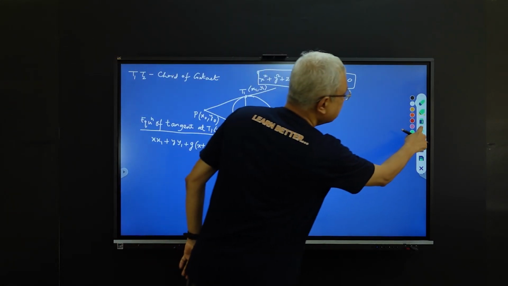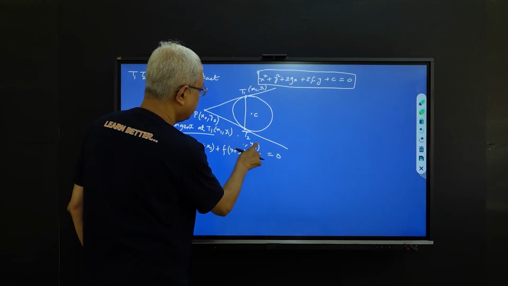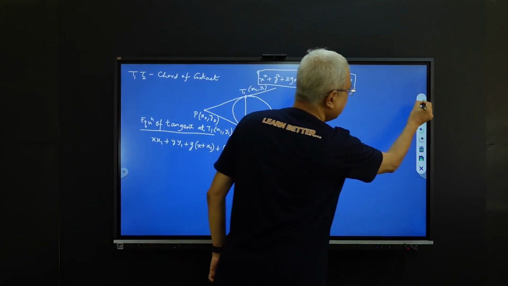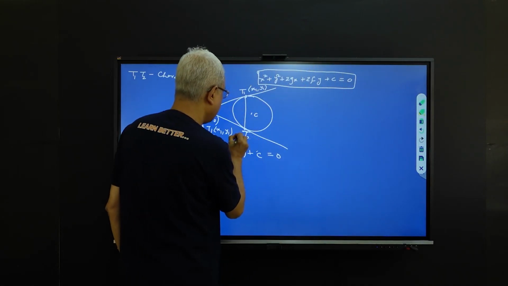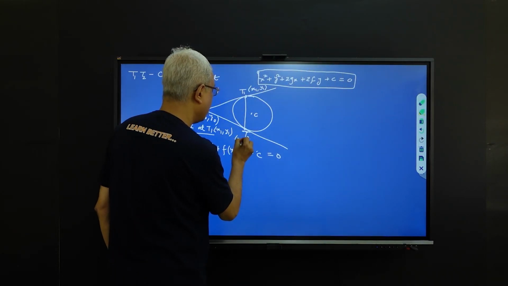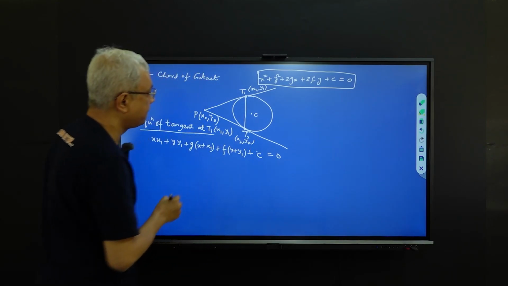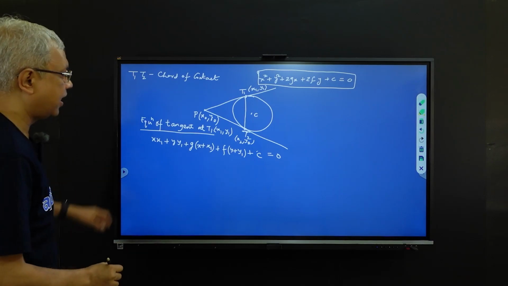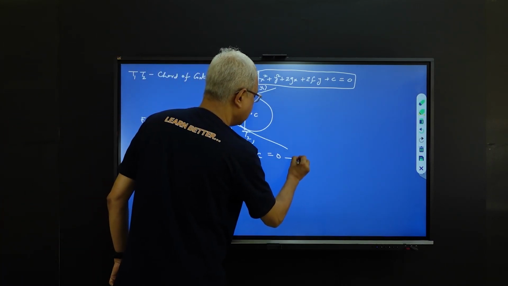T2's coordinates are actually x2, y2. So this is the equation of the tangent at T1, equation number 1.